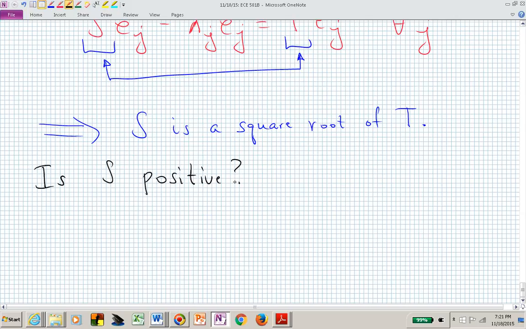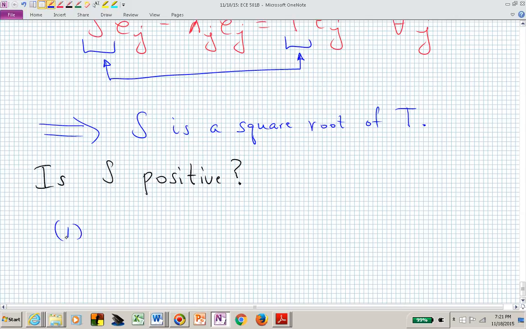We found a square root for this linear operator T, where the T now is such that we've satisfied statement B, and statement B was that the linear operator was self-adjoint and all of its eigenvalues were non-negative. Now we need to see if S is positive.